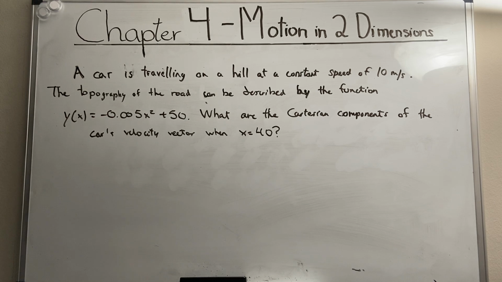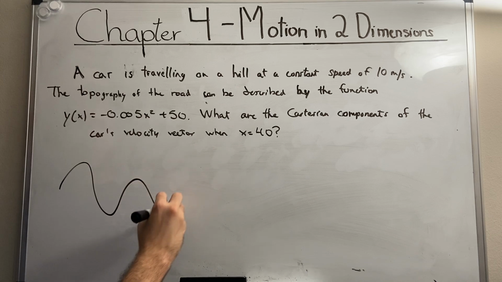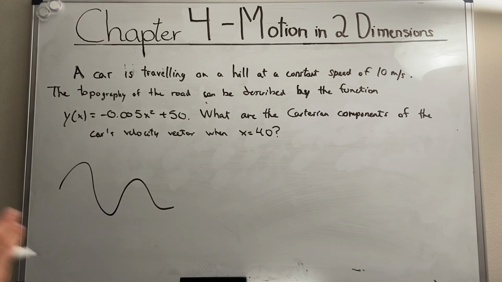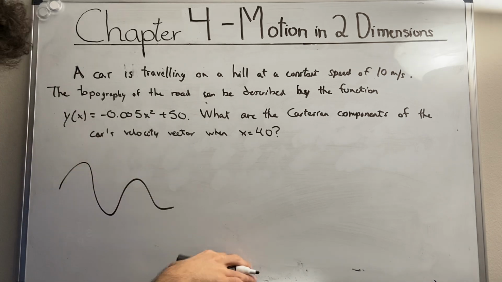Interesting. If we look back a little bit, I had not very long ago said that the instantaneous velocity vector is always tangent to the path of the object, right? So this function defines the topography of the road, which is basically the path of the object. It's going to be going up and down and up and down.